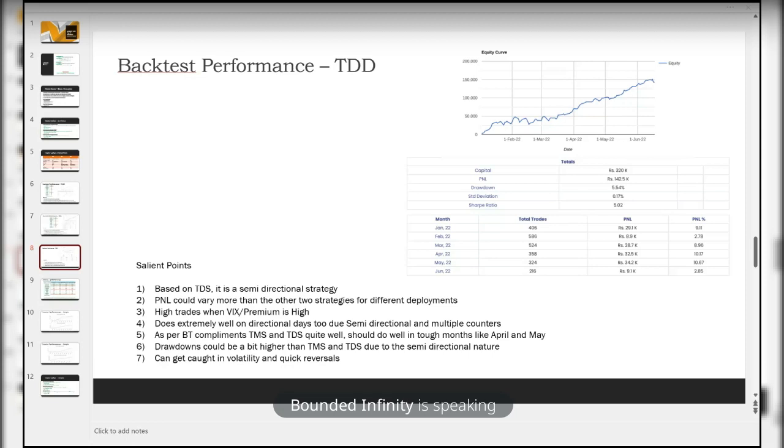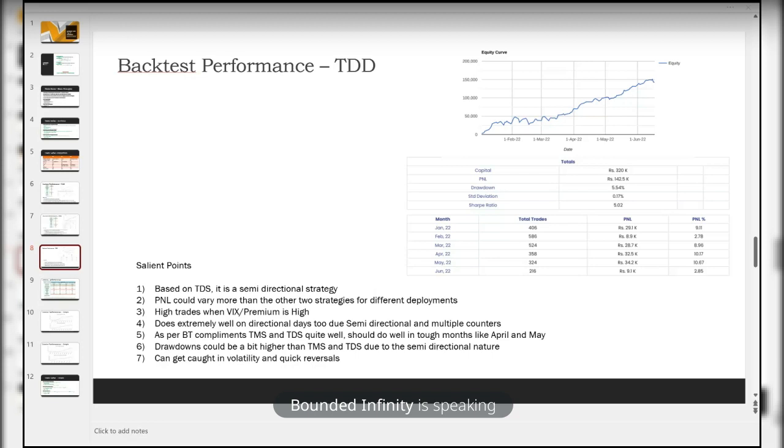At the same time, TDD improves on the number of trades considerably, which impacts your trading cost, while giving you a similar or slightly better ROI. So to answer this question, if someone is doing TMS, ideally he doesn't need to do TDS, because TMS is also always paid.